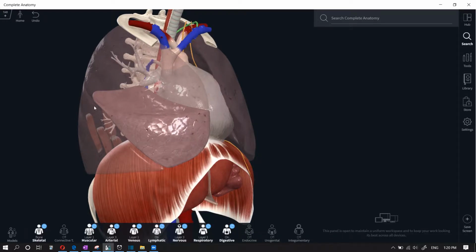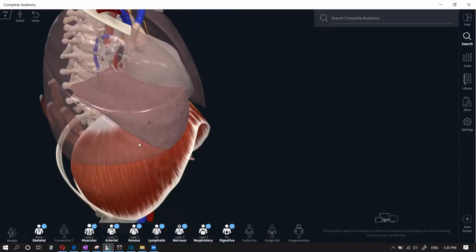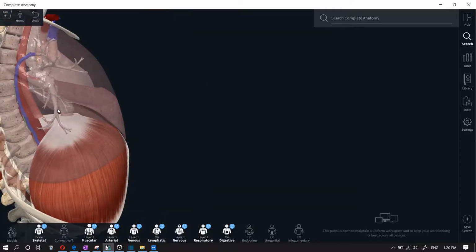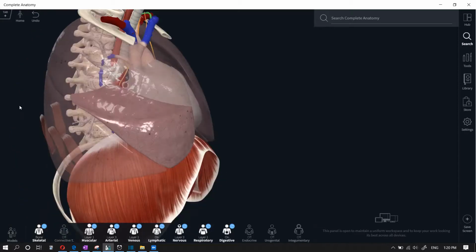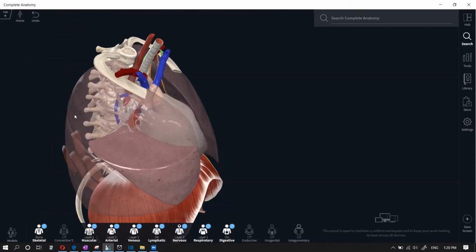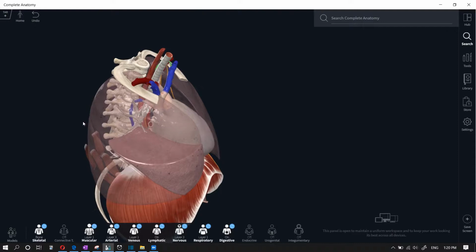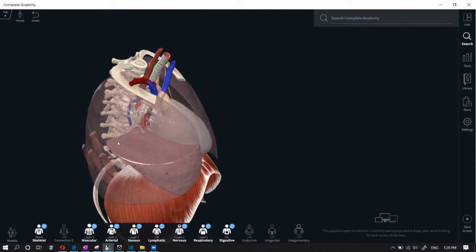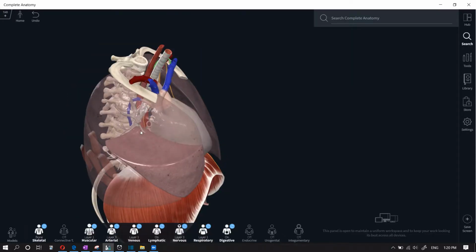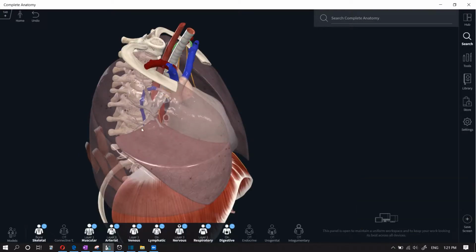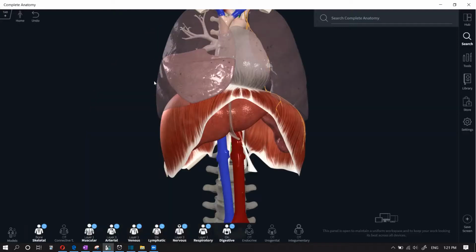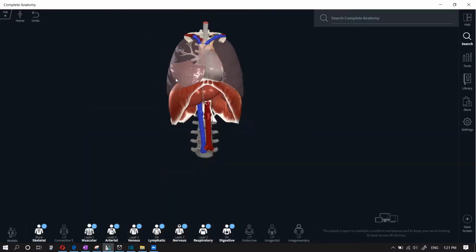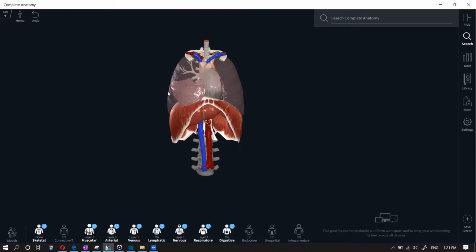The horizontal fissure is more anteriorly placed compared to the oblique fissure, which is both anteriorly and posteriorly placed. The oblique fissure on the right is not as steep as the one on the left, where the left lung is divided into two parts, compared to the right lung, which is divided into three: the superior lobe, the middle lobe, and the inferior lobe.